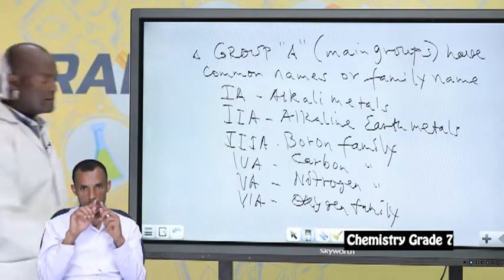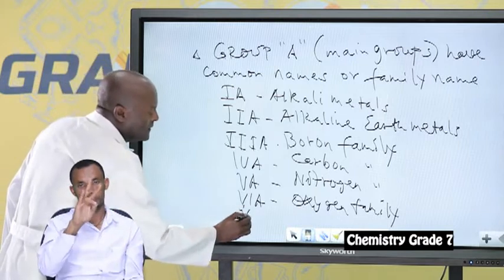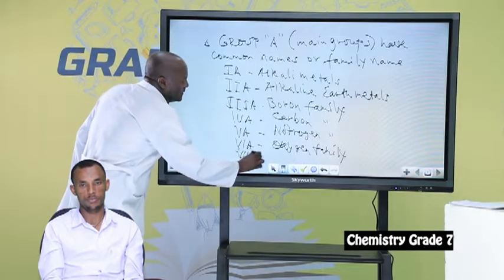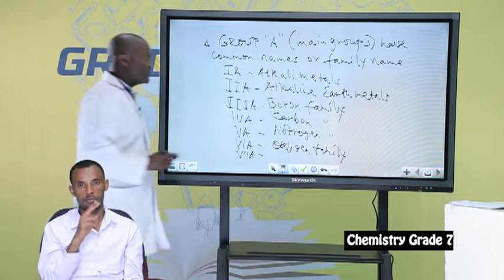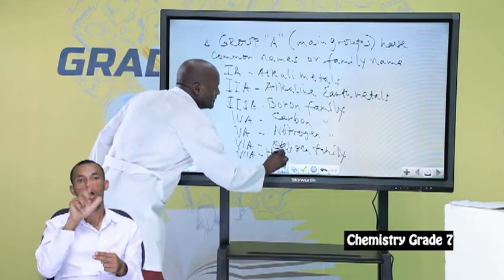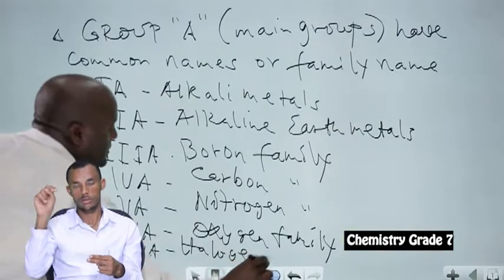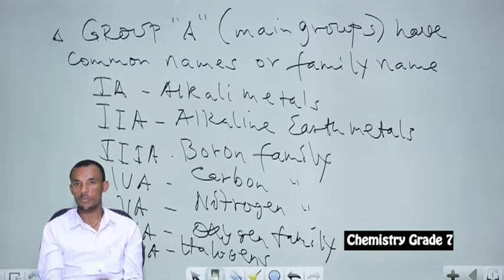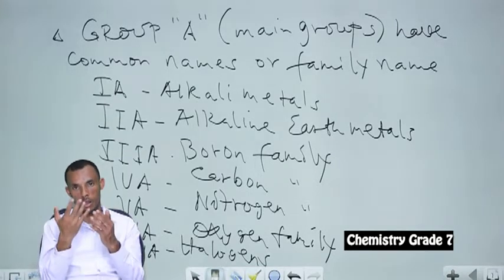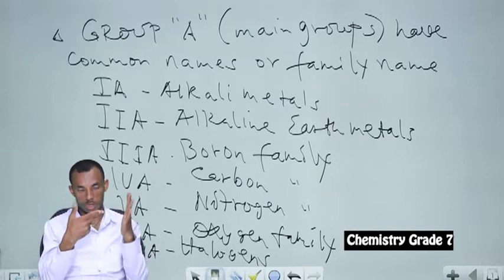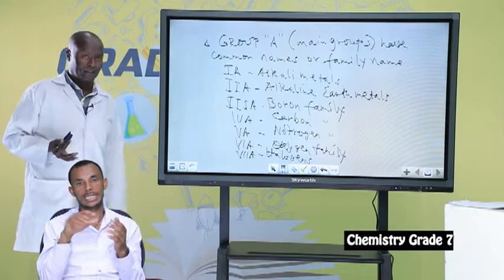Group 7A are the halogens. Halogens means salt formers or salt makers.